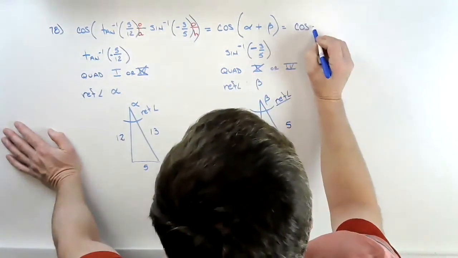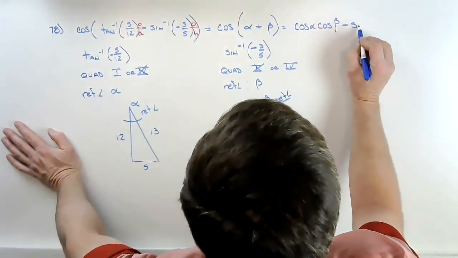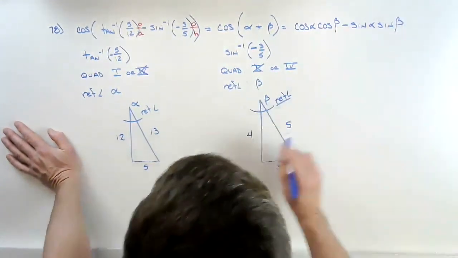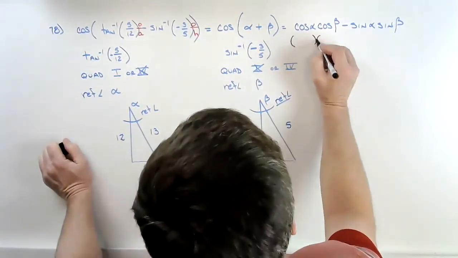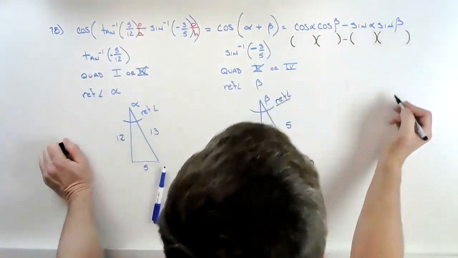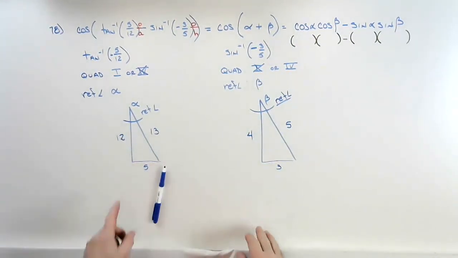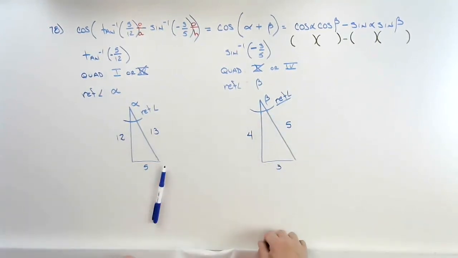That's cosine alpha, cosine beta minus sine alpha, sine beta. And again, I do this by thinking about this as being fill in the blanks. Now we have angle alpha and angle beta drawn for us on the whiteboard. Angle alpha is right there. Angle beta is right there. We have triangles for those.